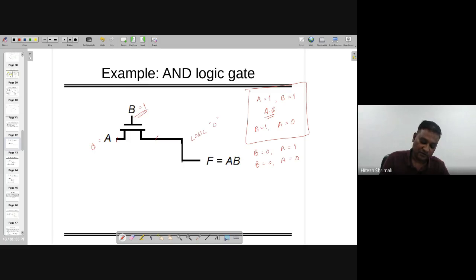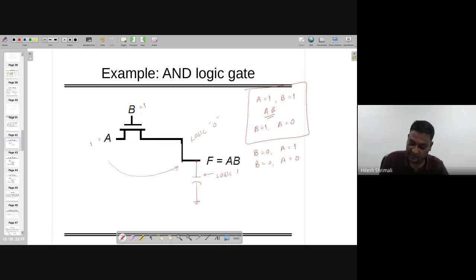When B equal to 0, whatever the value of A, will it go this side? No, because with B equal to 0 this is going to be off. And just before this, with A equal to 1, B equal to 1, this capacitor has charged to logic 1.